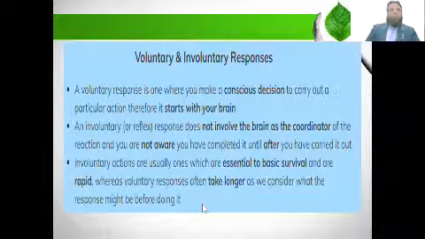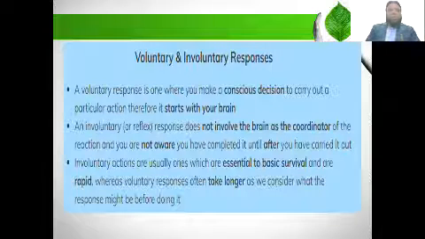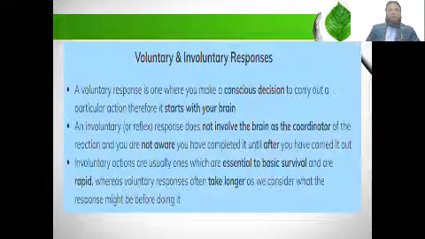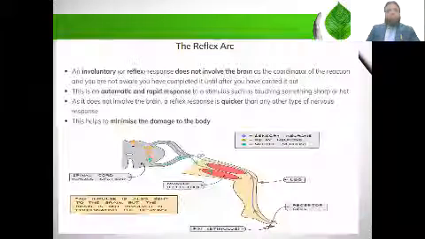Involuntary responses are basically automatic responses, given immediately, and there is no involvement of the brain.